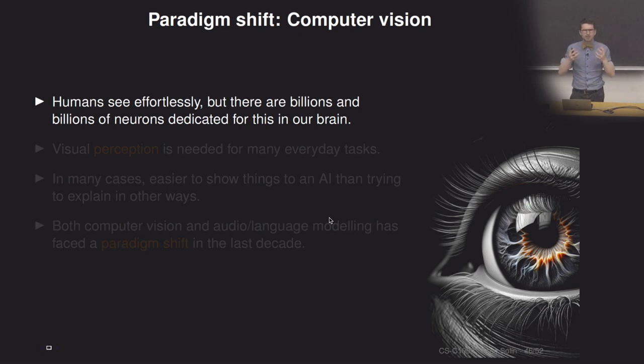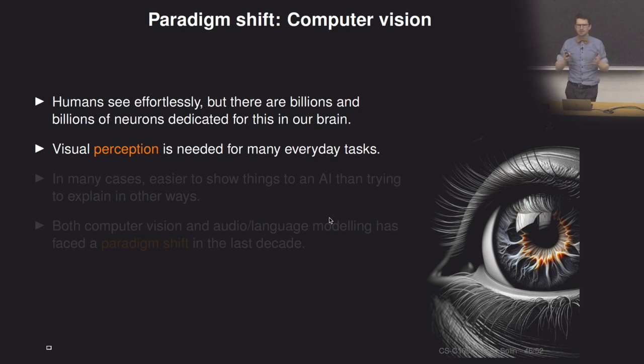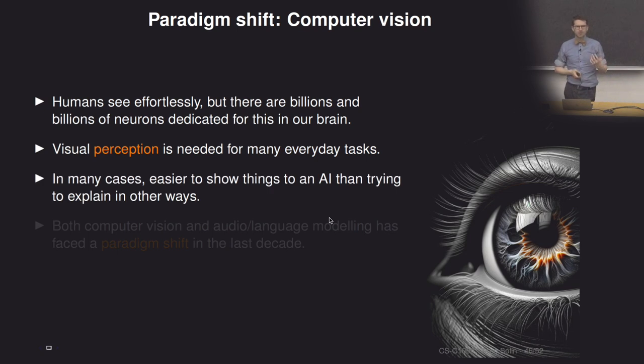We don't really need to make an effort there, but we have billions of neurons dedicated just to processing the visual information in our brain. Visual perception is needed for many everyday tasks. And for machines to navigate and understand the world around us, computer vision is a central thing.